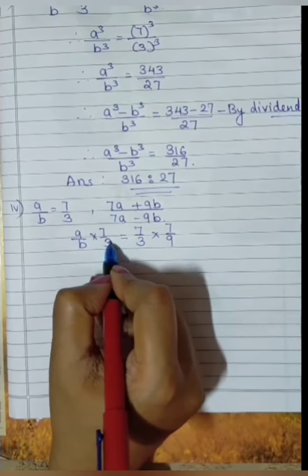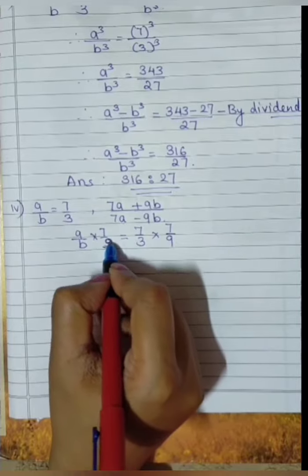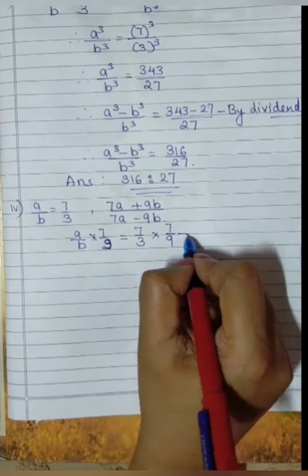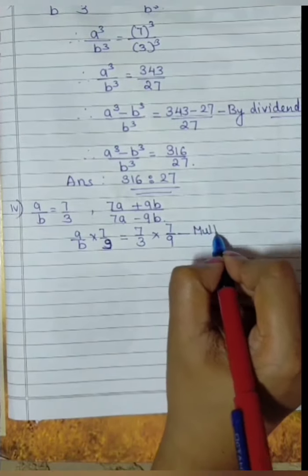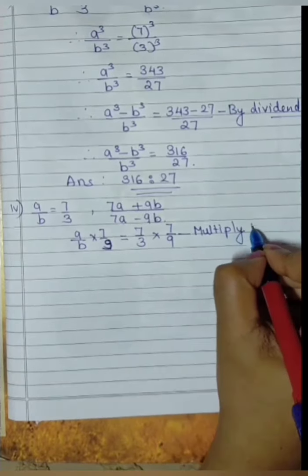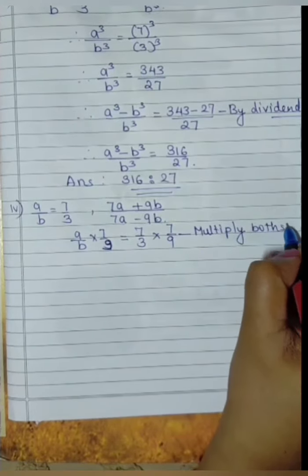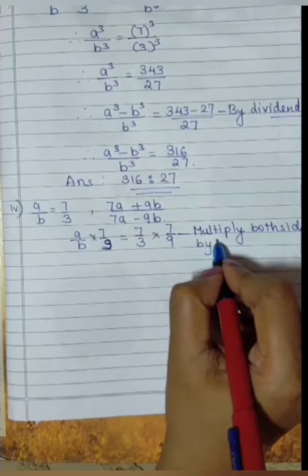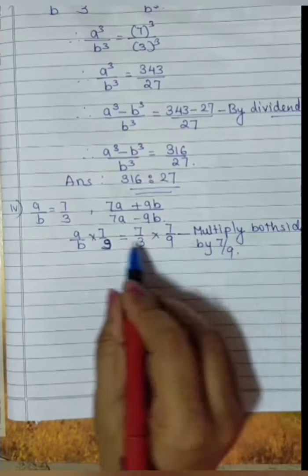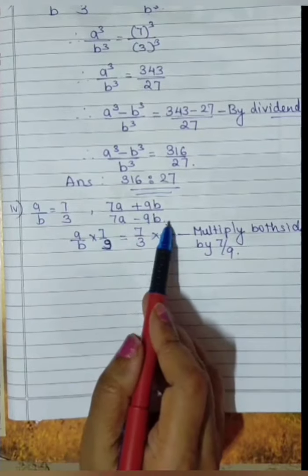By mistake I have written 3, so multiply both sides by 7 upon 9, which we have in the sum.